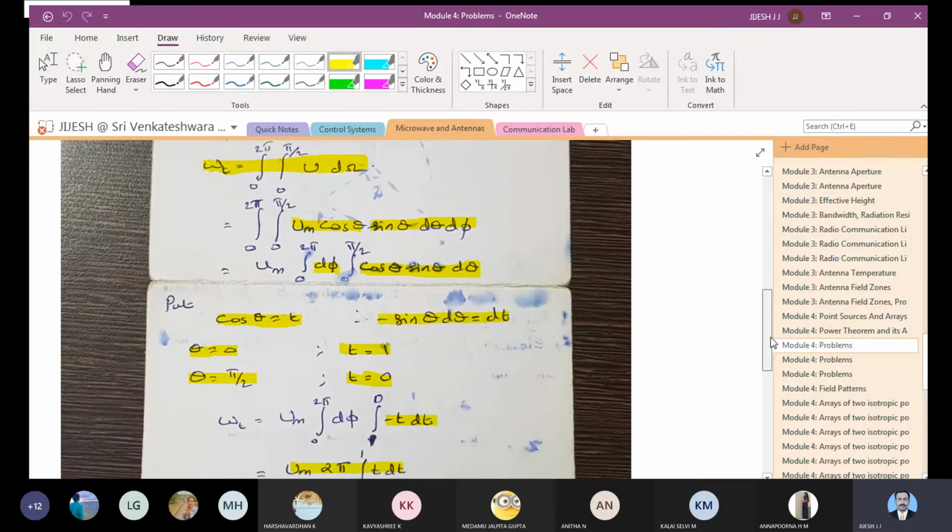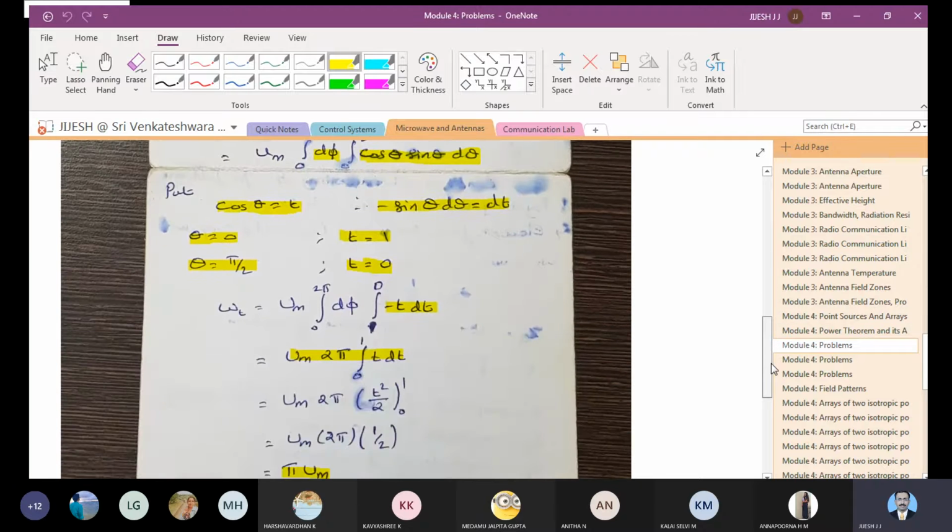Once you do the integration, you need to substitute for theta equal to 0 and theta equal to pi by 2. When theta is equal to 0, t is equal to 1, and at pi by 2, t is equal to 0. Once you simplify that, Wt is equal to pi.